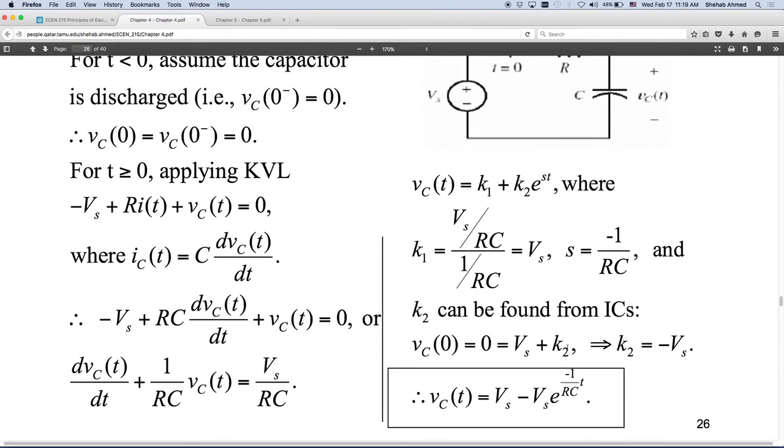Given the initial conditions, we will have K2 equal to minus Vs. K1 we solve for, B over A, and S is equal to minus A, so we end up with this expression for voltage across the capacitor.